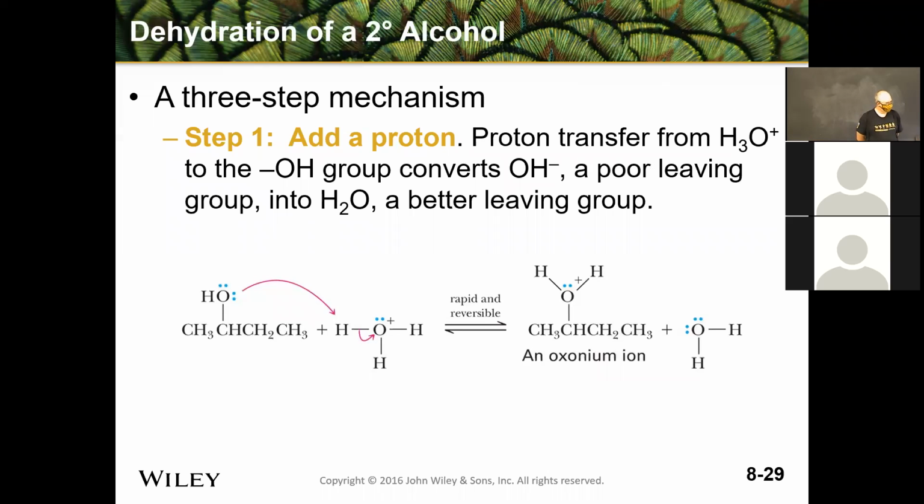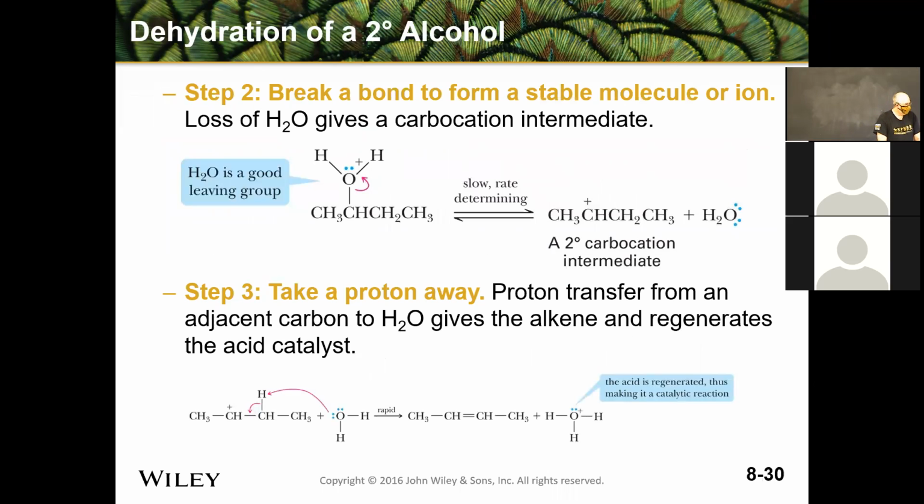The first step is protonation of the oxygen with an acid. This is rapid and reversible. For a secondary or tertiary alcohol, we have water leaving.